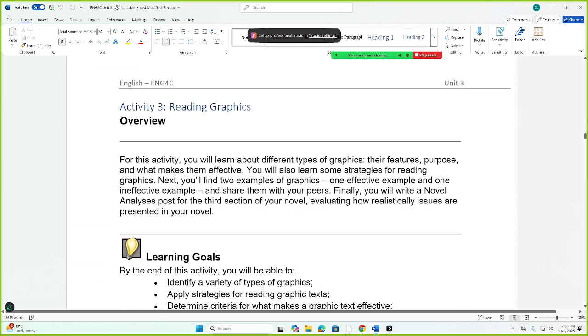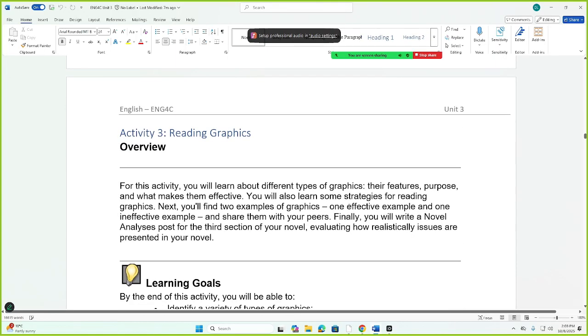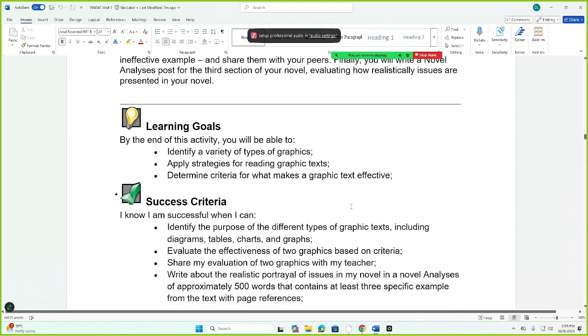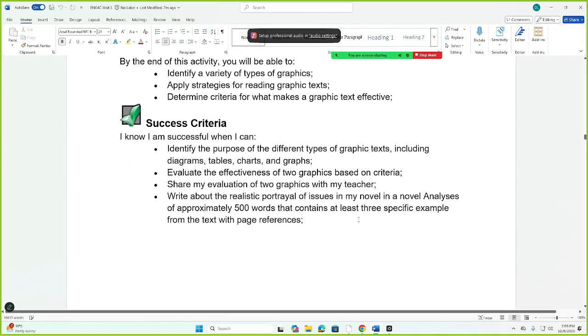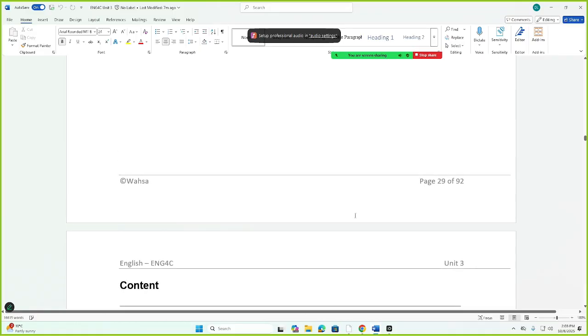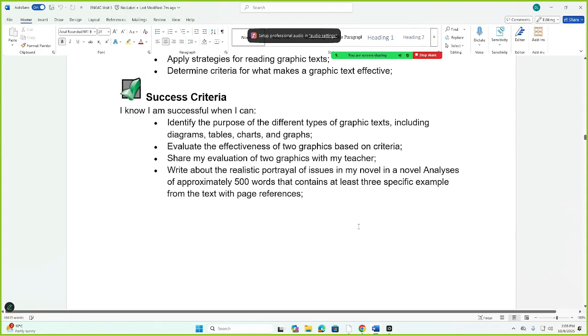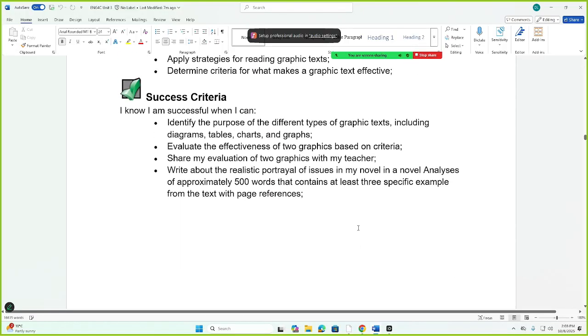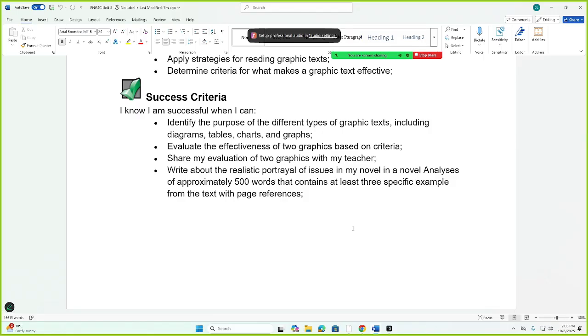So, we also started in on the reading graphics activity 3, which starts on page 29. We went through the learning goals and success criteria. I'll review the success criteria again, which can be found on page 29. You will know that you are successful when you can identify the purpose of different types of graphic text, including diagrams, tables, charts, and graphs.